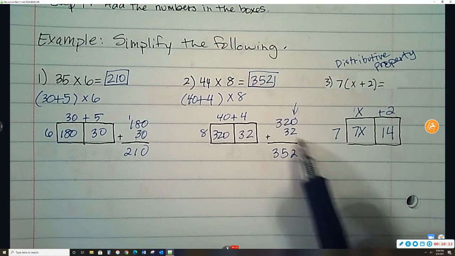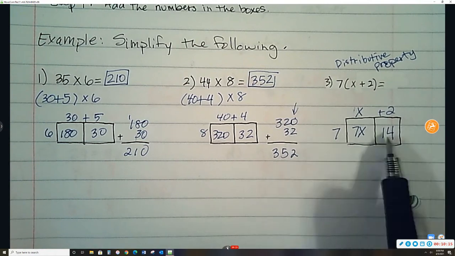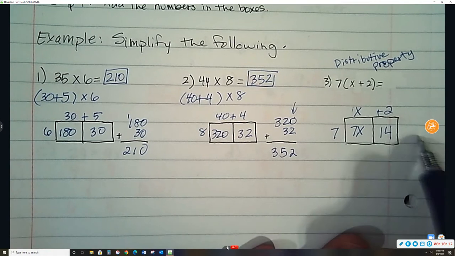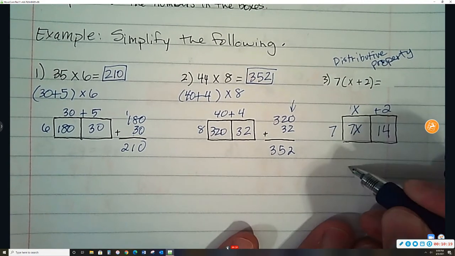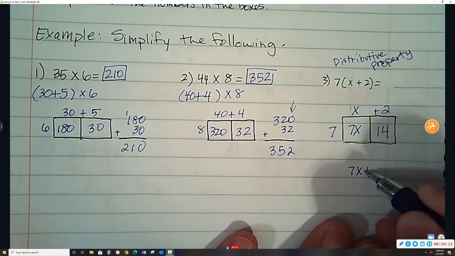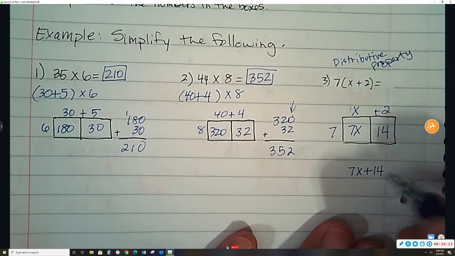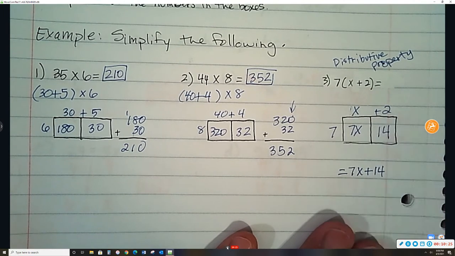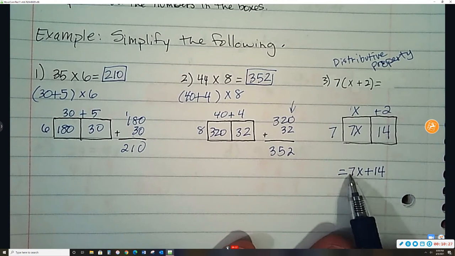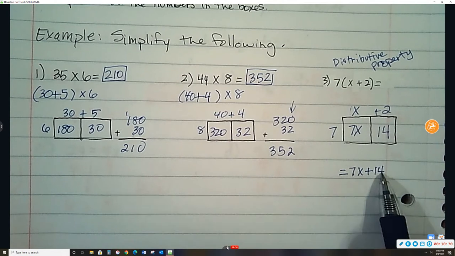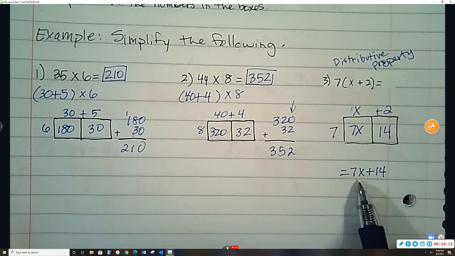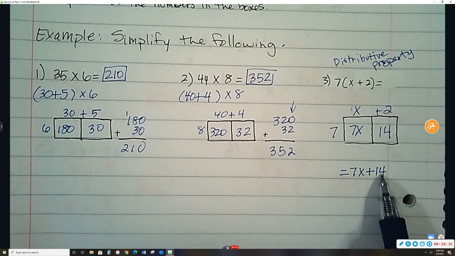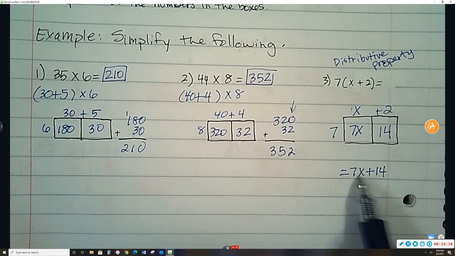Okay, now before we would add these, but this number, I'm gonna write it down here because I don't have a lot of space. We're still going to add them, but we don't actually combine them. We just write it as addition. So it looks like this: 7x plus 14. And we're gonna later get into like terms and combining like terms. But for now, I'm just gonna say these are different, and you cannot add these.